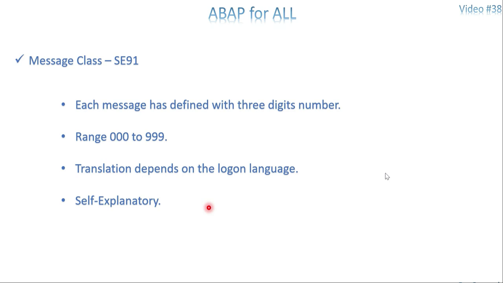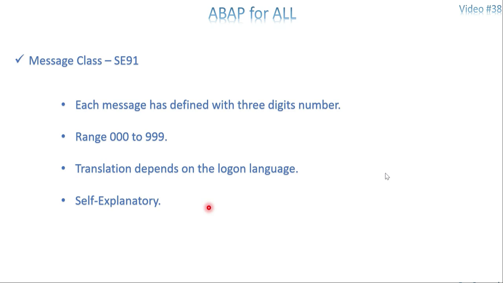So that also needs to be taken care of when you create a message. Again, it depends on the requirement. If your users are fine with English, we can go ahead with that. Sometimes we have to make a translation for each message, depending on the logon language, so we have to take care of that. And then, a self-explanatory option is also available in messages.